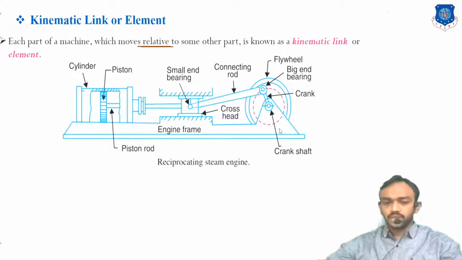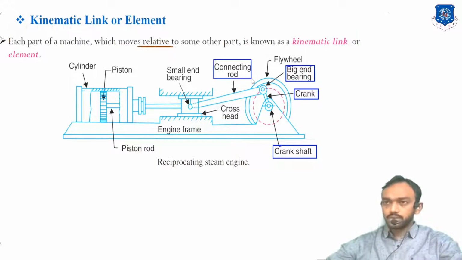First of all, we recognize what these elements are. First, the crankshaft, which is located here in the center. In the top view you can see the whole crankshaft, and there will also be bearings, and there is a crank. Then the big end bearing, because the connecting rod has two ends, small end and big end, and both ends are connected with bearings.